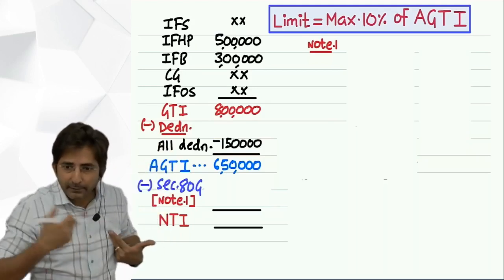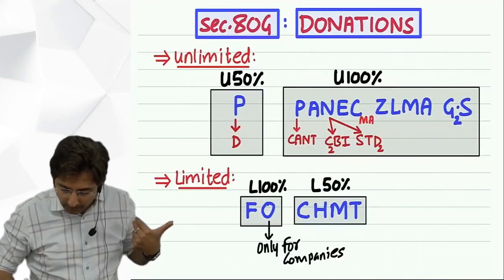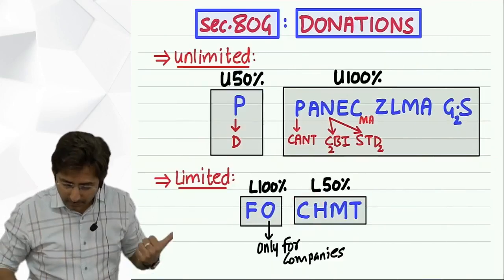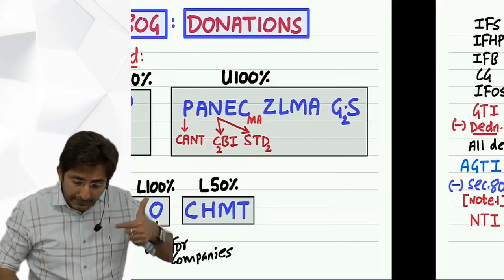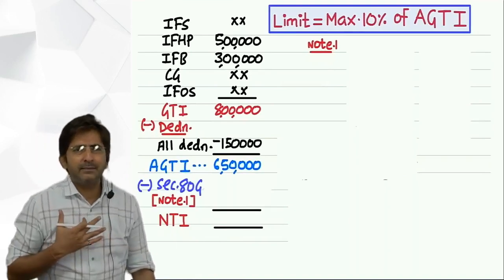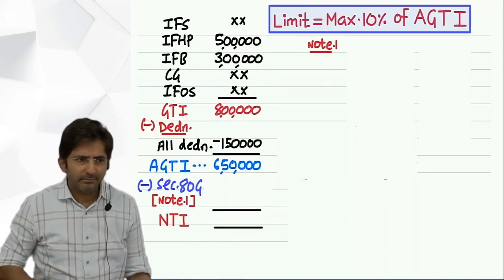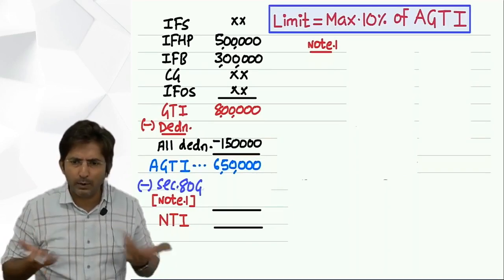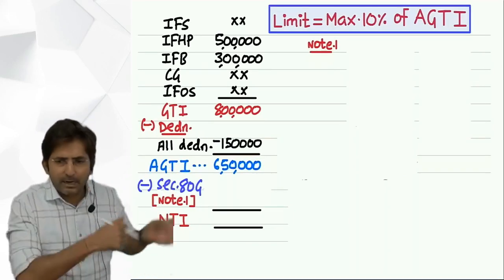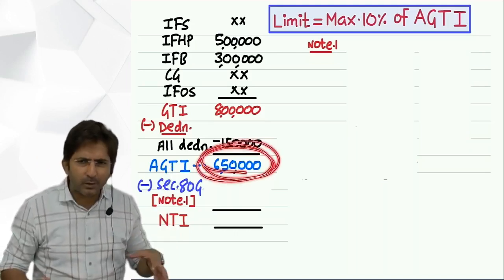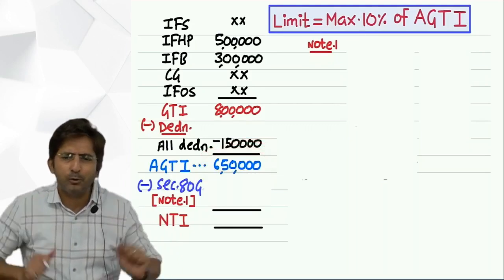In fact, even I tried donating to a charitable trust once. I wanted to save my tax, so I tried this donation once. I did this rough calculation first. Roughly I saw, in my case anyway, there was no 80GG. 80GG is for those not having a house, and I have my own house. But I did this rough calculation and came to know, okay, around 6,50,000, so around 10%, this much I can donate.